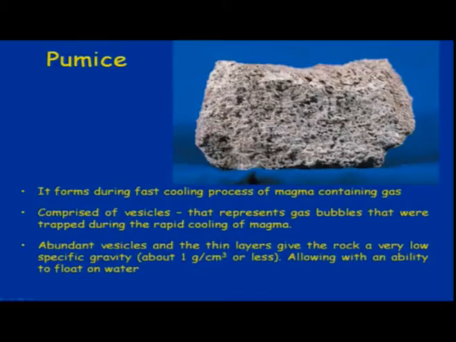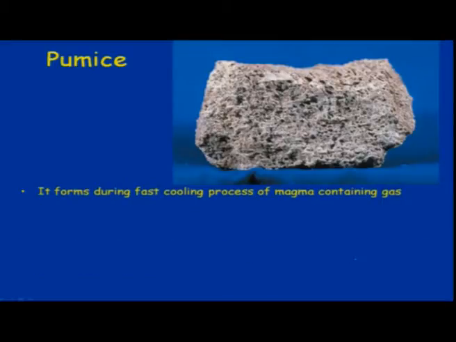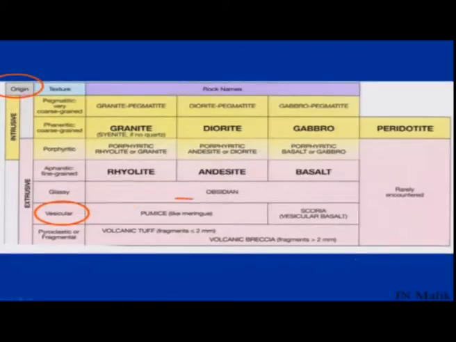Abundant vesicles and thin walls give the rock a very low specific gravity, which is less than 1 g. So, this is a very light rock, with an ability to float on water. This is one of the very important characteristics of pumice, which we term a vesicular rock, and this is an extrusive rock.